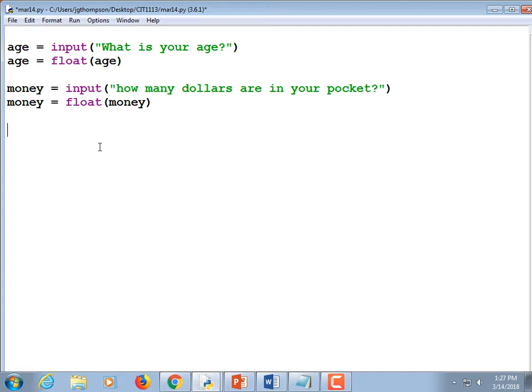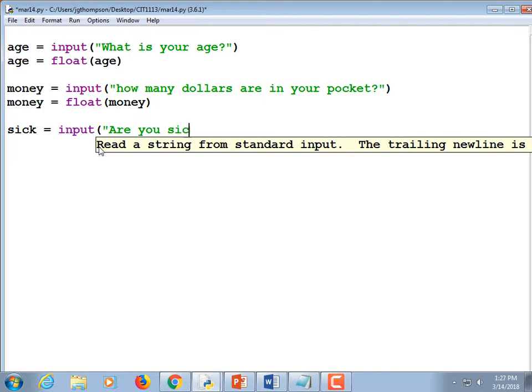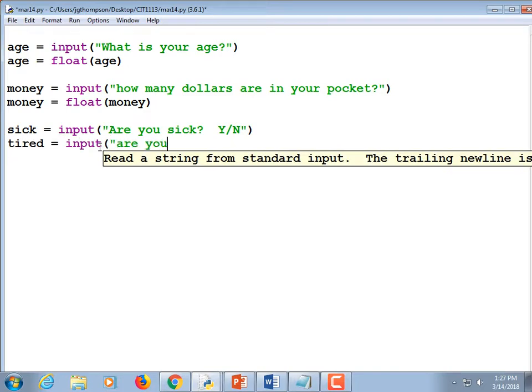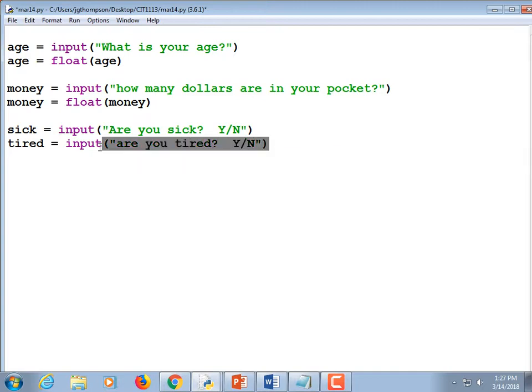And then let's ask a few more questions. Sick is equal to input, are you sick? Y/N. And then tired is equal to input, are you tired? Question mark, Y/N. So now we have several variables to play with.